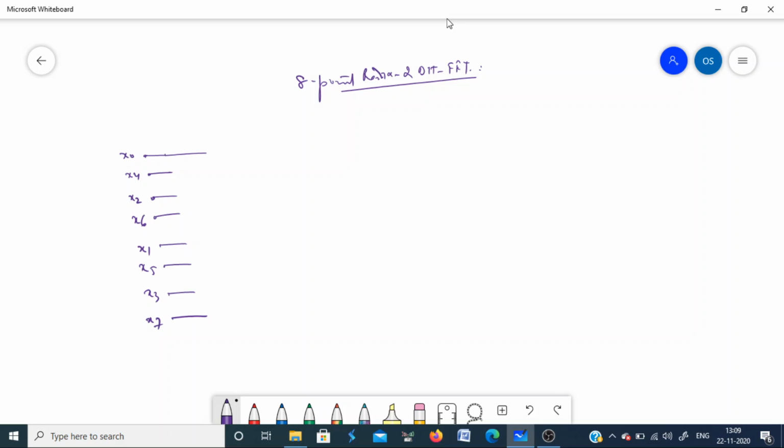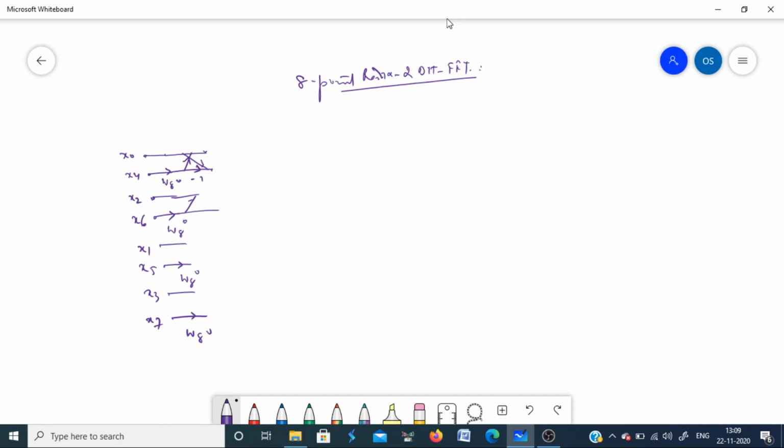And then we have multiplied this with W to the power 0, then add it with this, you'll get one sample, multiply with -1 and add with this, you'll get the next sample. This is a 2-point FFT.